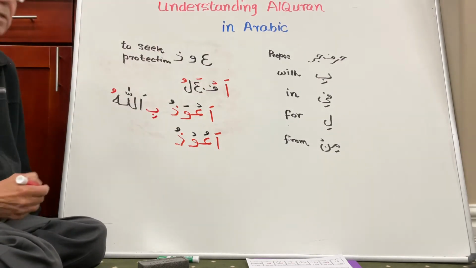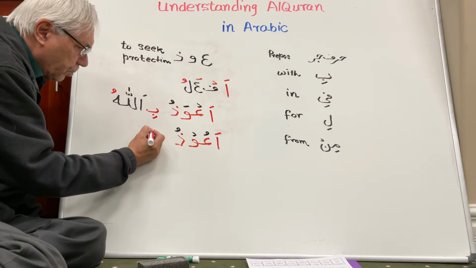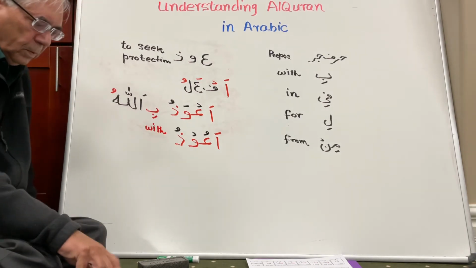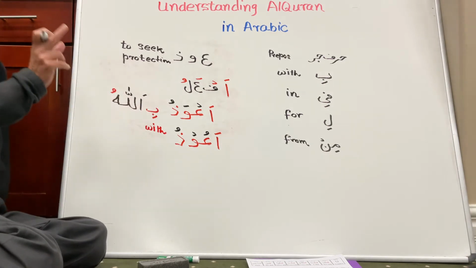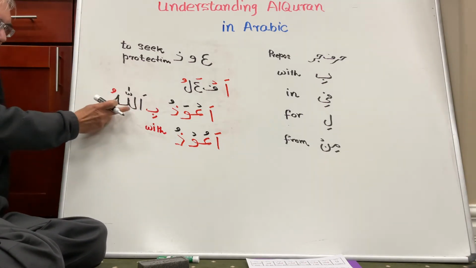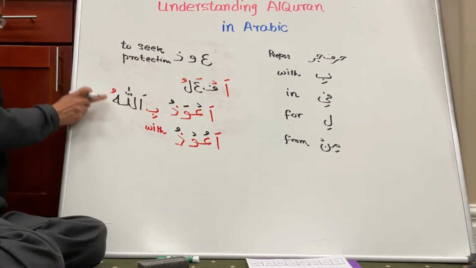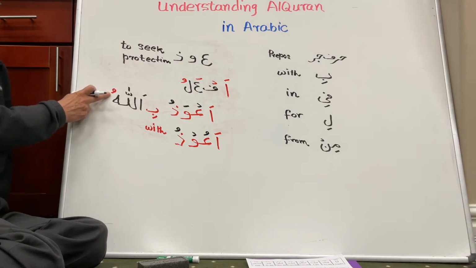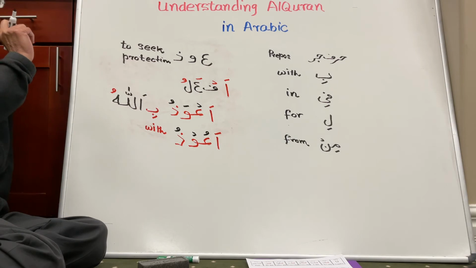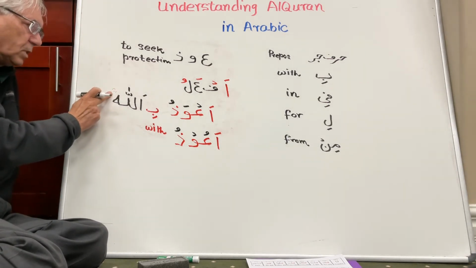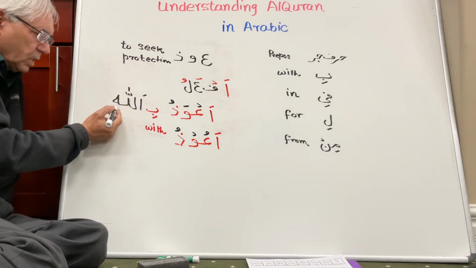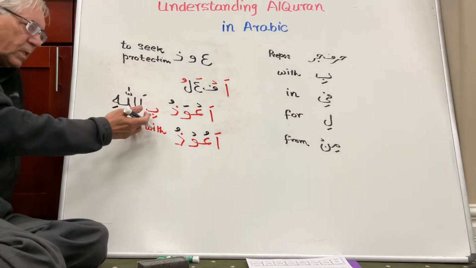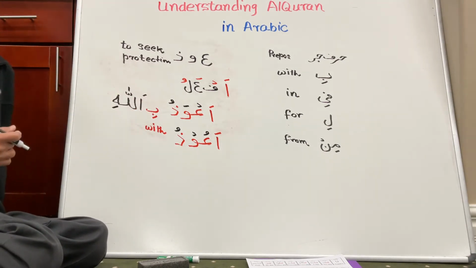Be means with, okay? So first thing the harfijar will do, it will look at the next word, it will look at the last letter, it says there is a pesh here. It says I don't like pesh. I'll change this to zair. Now it says I want to read these together.